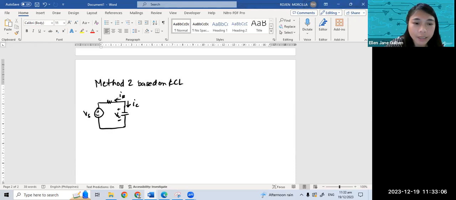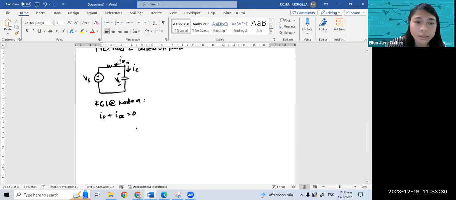Okay, KCL at node A. We will do two analyses so that it's not too confusing. So based on the book, we have this KCL at node A. Then IC plus IR is equal to 0. IC, we will be solving it based on the capacitor voltage, and we know IC is equal to C dVC/dt, plus IR.